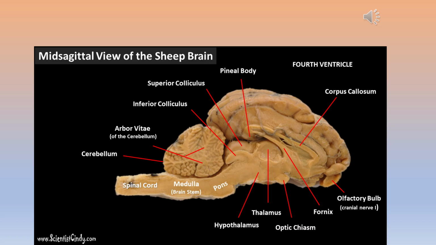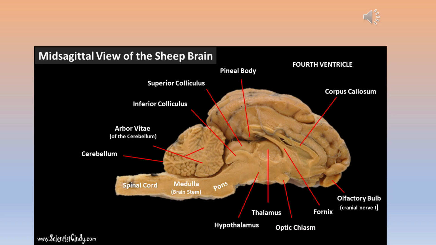Out front, you can see that it bends down. That is called the genu of the corpus callosum. Genu means bent knee. Well, you can see where they got that name. It looks like the knee is bent. So that is the roof of an open space. The open space is called the lateral ventricle.